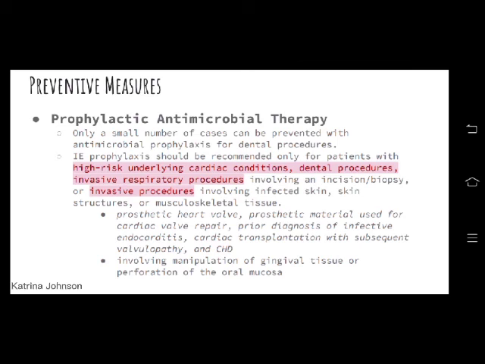And lastly, invasive procedures that involve infected skin, skin structures, or the musculoskeletal tissue of the patient. So these would be the procedures where the AHA really recommends prophylactic antimicrobial therapy in order to prevent the occurrence of infective endocarditis in that patient.